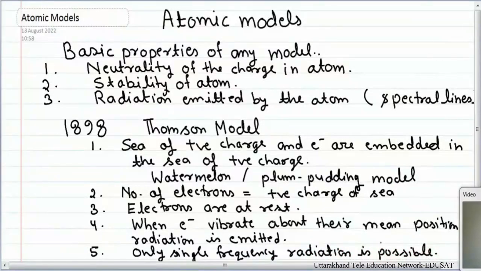But in reality, many lines are seen in the spectrum of atom. Therefore, Thomson model was able to explain a few points of the atomic properties, but it could not successfully explain all the points, and therefore another model came into existence.